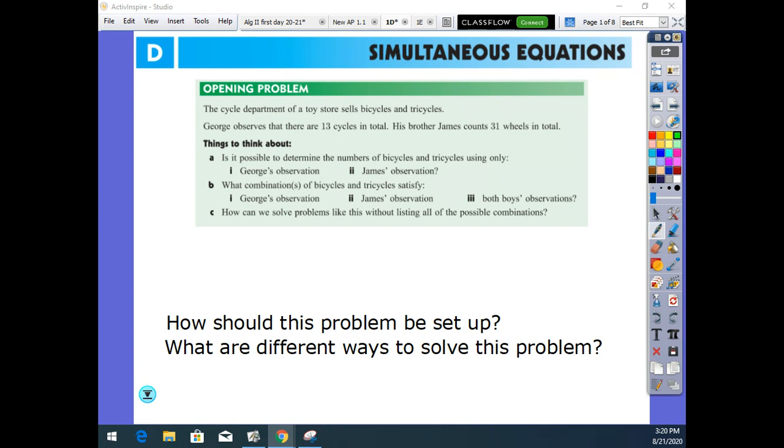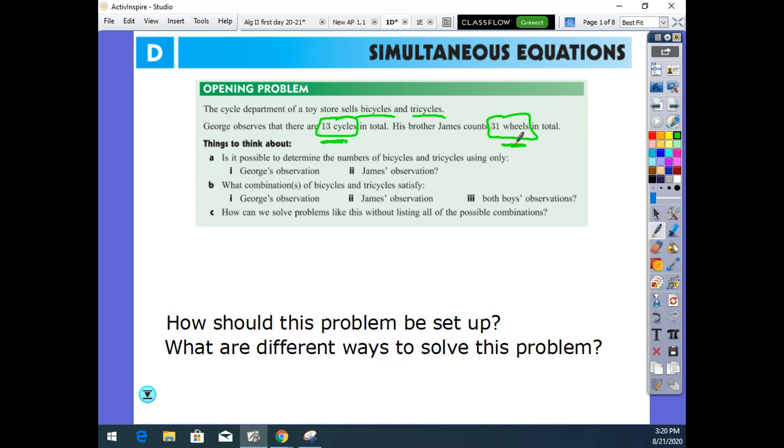The cycle department of a toy store sells bicycles and tricycles. George notices there are 13 total cycles, and his brother counts 31 wheels. Is it possible to determine the number of bicycles and tricycles if we just look at George's observation or just James's?